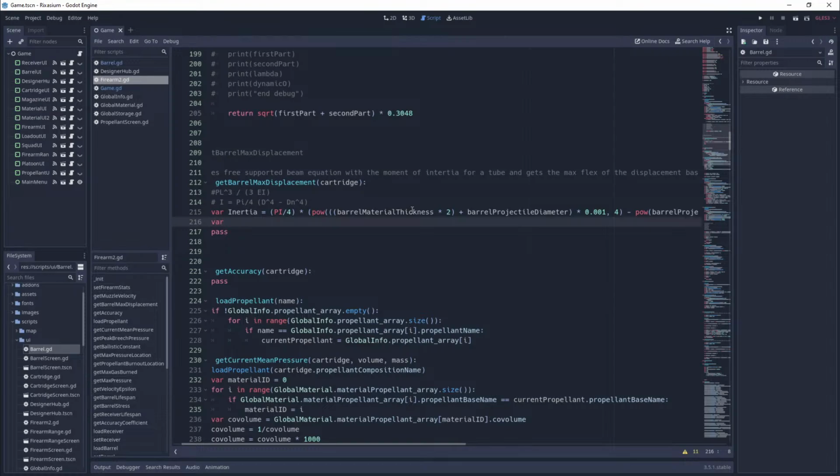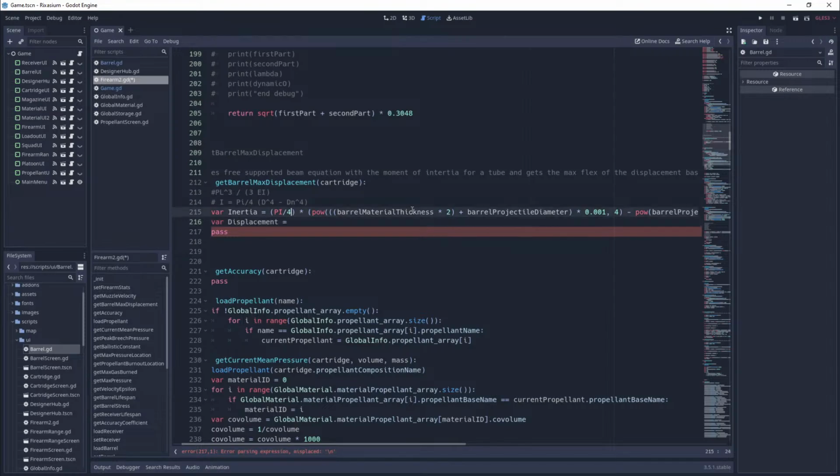And then we have our displacement. I know I have it capitalized. It shouldn't. Let's just keep that constant.